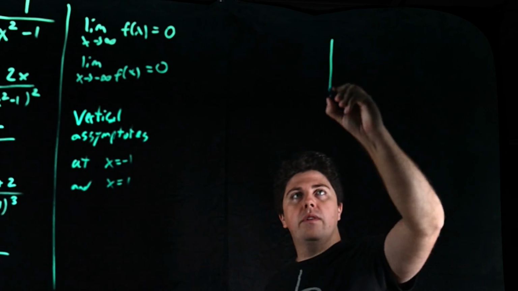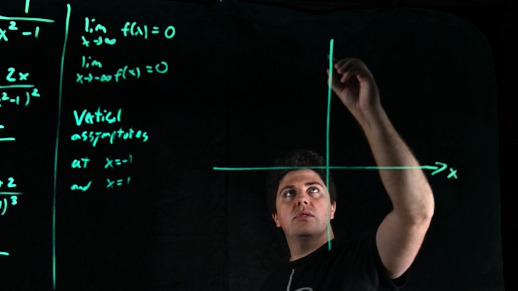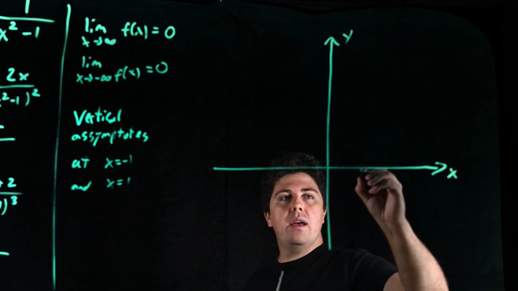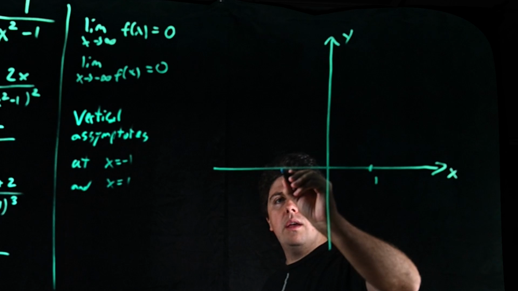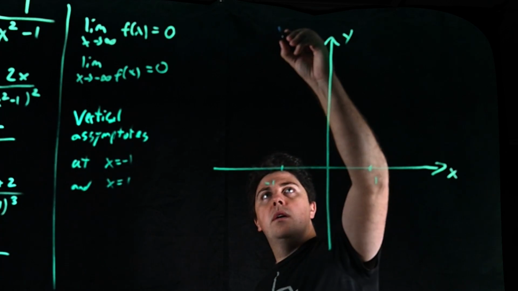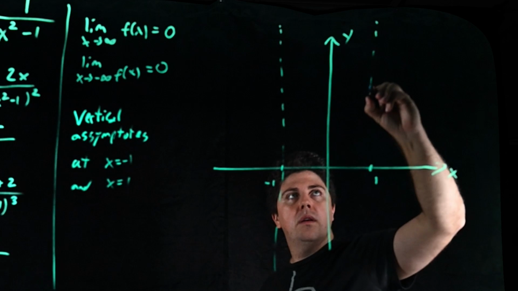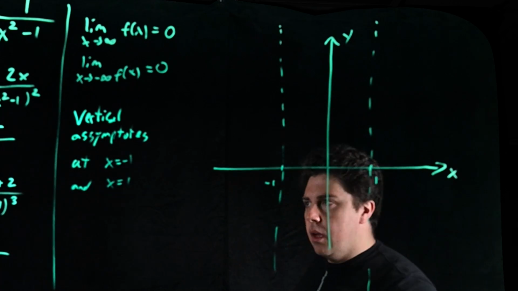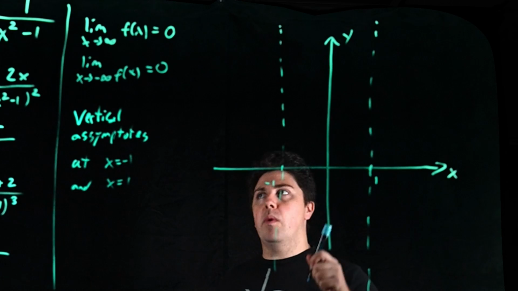So we have our axes, we have x, we have y, and let's indicate 1 and -1, and we know we're going to have vertical asymptotes here and here. All right, so let's talk about the range between -1 and 1.